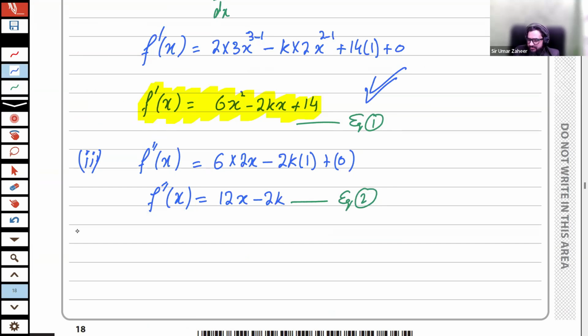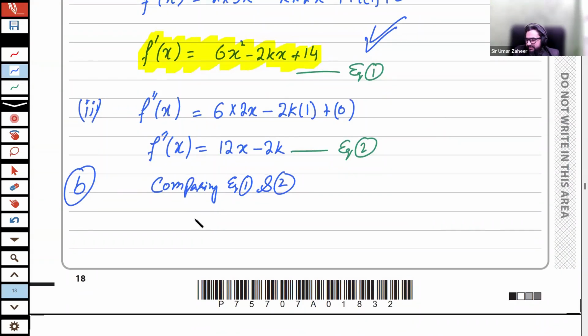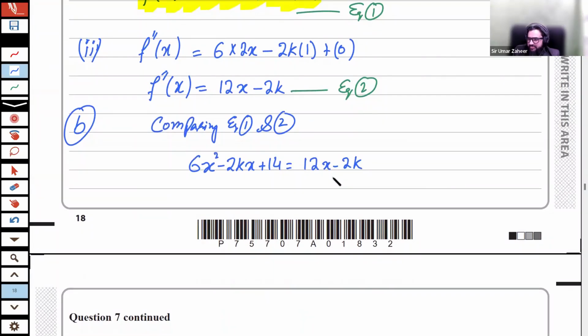Because they are intersecting, comparing equations 1 and 2, we get that 6x squared minus 2kx plus 14k is equal to 12x minus 2k. Now these are the positive values; taking them to the other side will make them negative values.